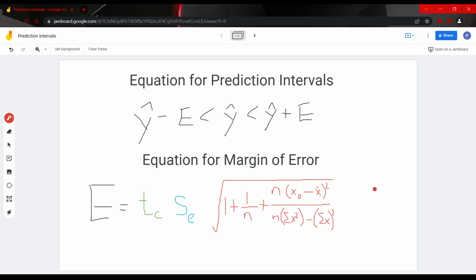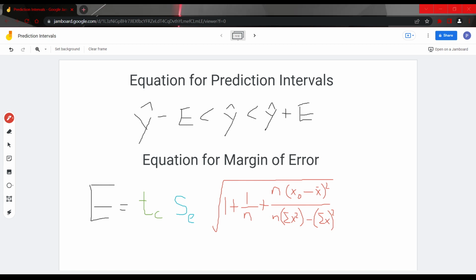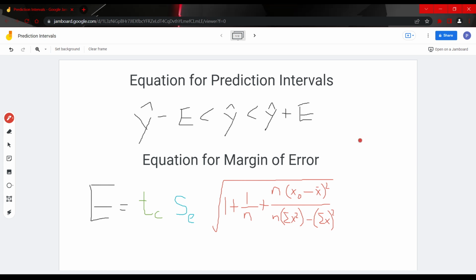This, especially the denominator of this fraction, should look somewhat familiar. We've already worked with it a little bit when we were talking about the correlation coefficients and linear regression with finding the slope. So we've already seen the bottom part of this before.